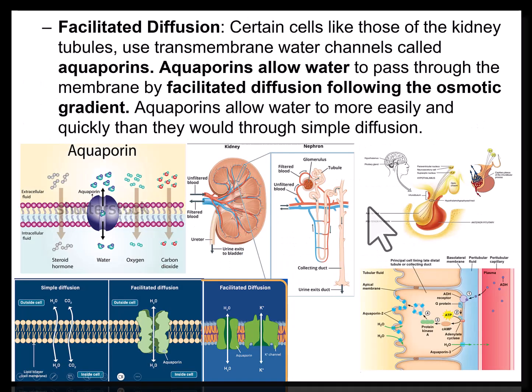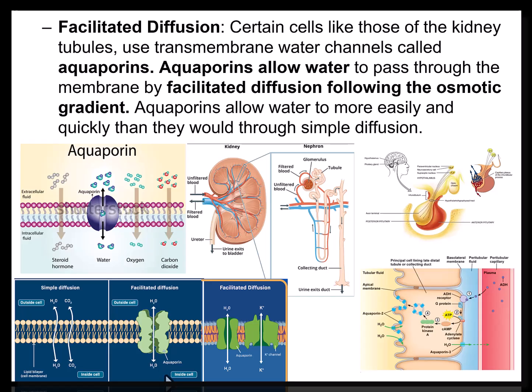And looking at facilitated diffusion, certain cells, like those that we find in the kidneys, the kidney tubules, are going to have what we call transmembrane water channels. And these are called aquaporins. And aquaporins are these protein pores that allow water to move from an area of high water concentration to an area of lower water concentration, going down its osmotic gradient, either into the cell or out of the cell.